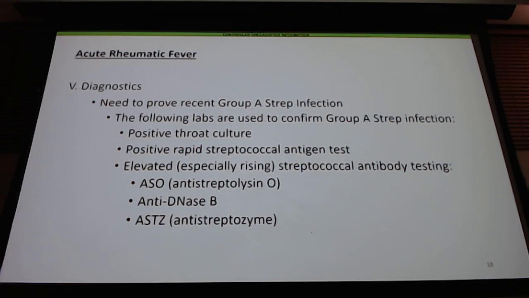And then going back to proving that there was a strep infection, yes, you do have the typical things we use to test for acute streptococcal pharyngitis, like the throat culture or the rapid strep test. But there are also antibody tests that use titers to prove an infection or a recent infection.